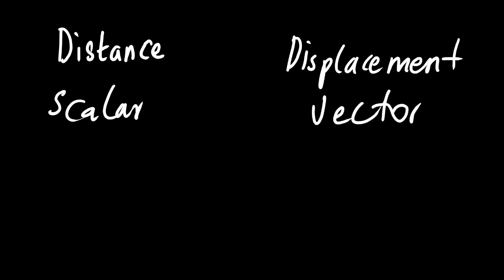This simply means that distance cannot be negative, it doesn't have direction, it only has magnitude. Displacement is a vector quantity, it has magnitude and direction. It is possible for it to be negative, and when we are dealing with displacement, we should consider the direction since it's a vector.